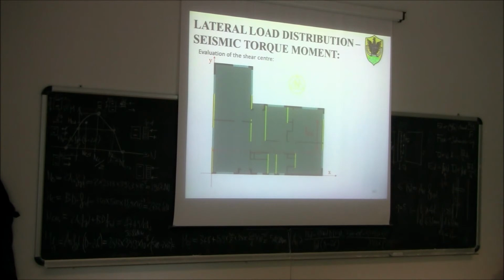If there is an eccentricity between the center of the masses and the center of stiffness, of course there will be also a torque moment. Not only a shear force, but also a torque moment. Okay? So it's very important that we are able to assess the center of stiffness of our wall system.